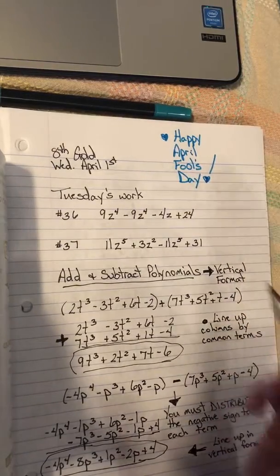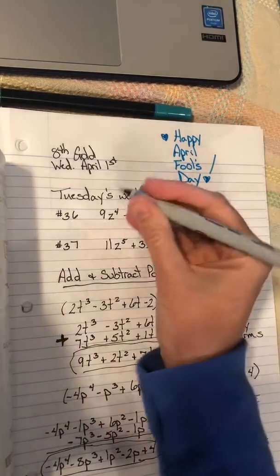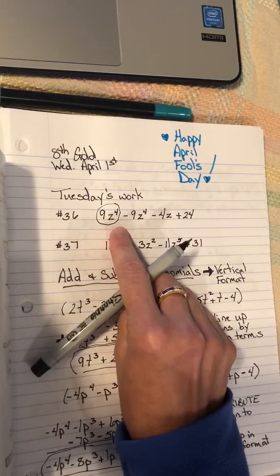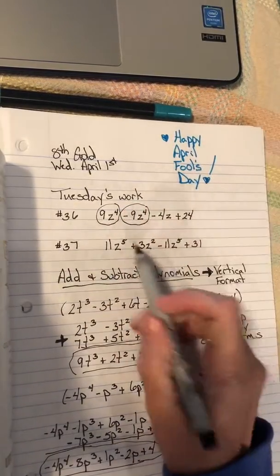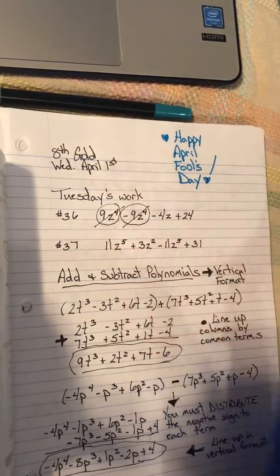Okay, so when you look at problem 36 from yesterday, you notice you've got a positive 9z to the fourth and a negative 9z to the fourth. They are going to cancel out.